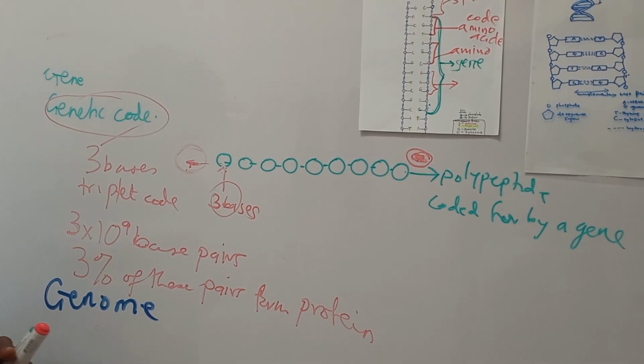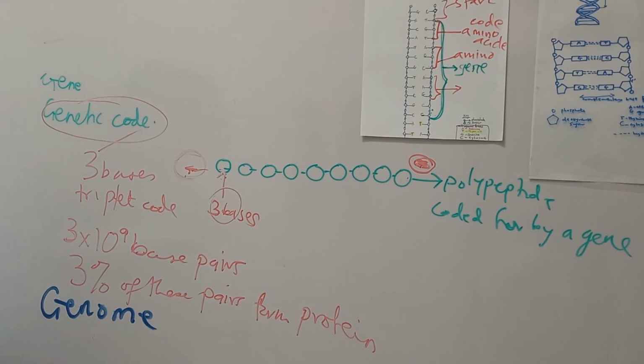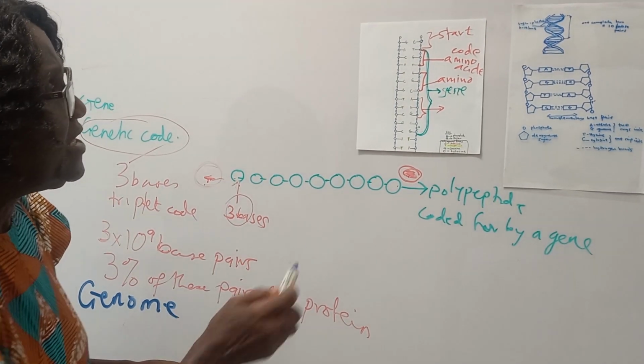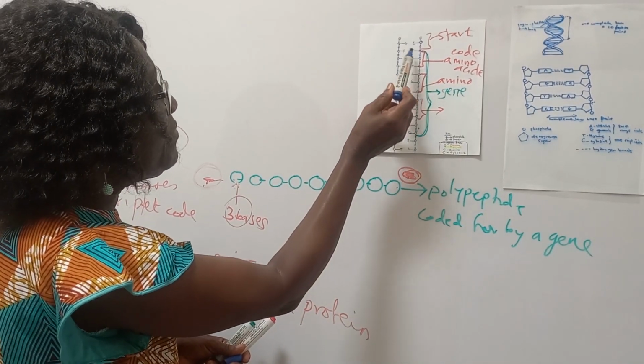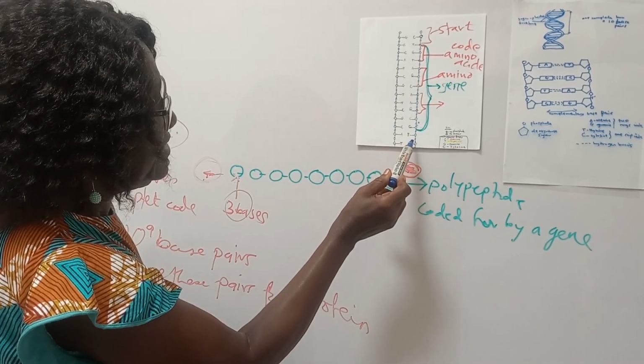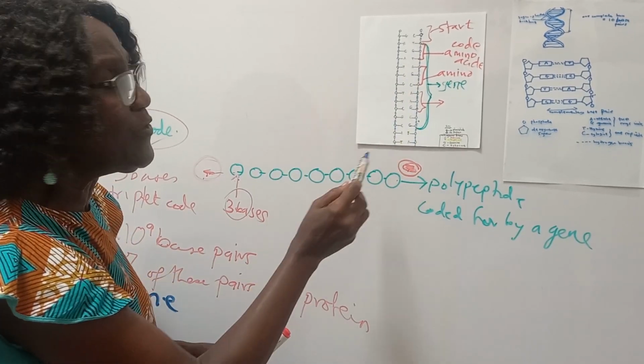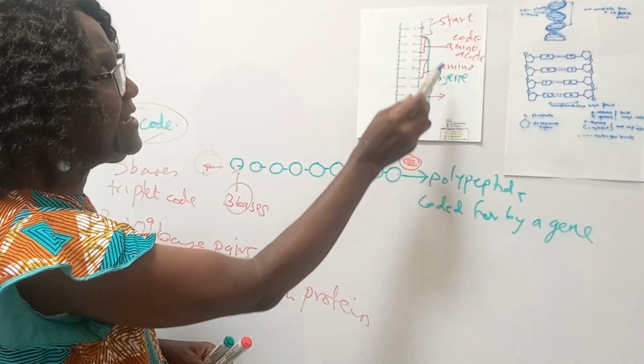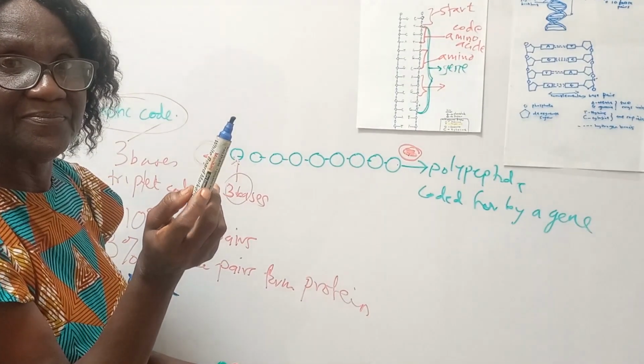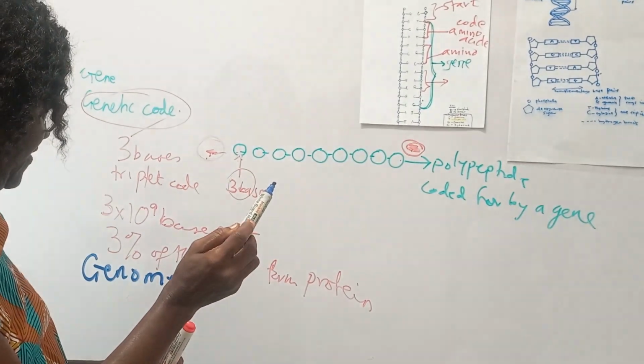What is a genome? The genome is simply all the base pairs that are found in all the DNAs of an organism. All the base pairs.